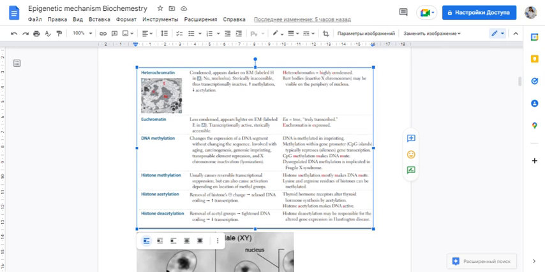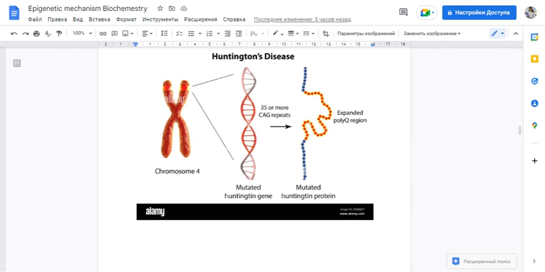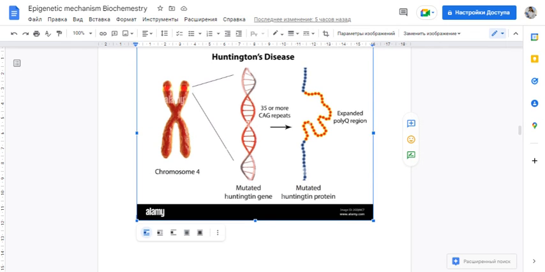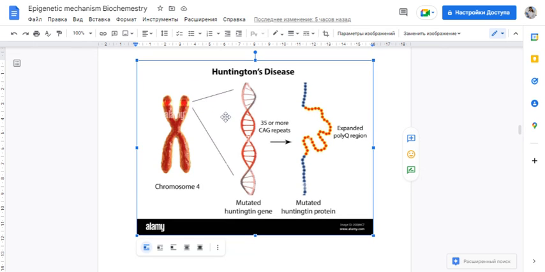And there's actually a disease associated with altered gene expression because of defective deacetylation of particular parts of the chromosome, and it's called Huntington disease. Here you can see pathological sites which cannot express, and because of that, a pathologically mutated Huntington protein will form.